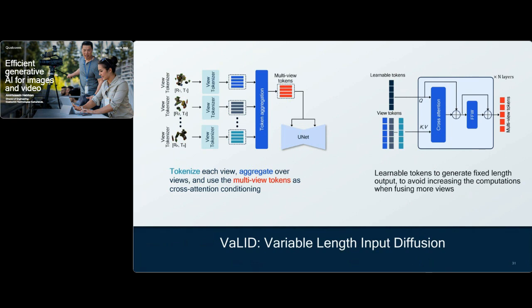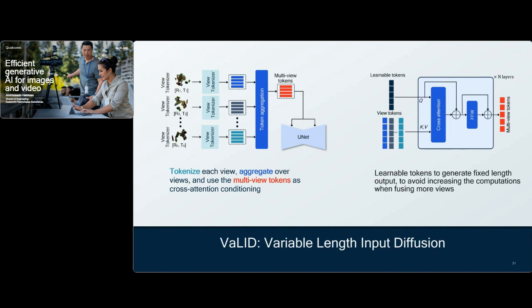In this case, we use a masked autoencoder, which actually works better than the original CLIP encoder used in the literature. We combine these visual tokens with the camera pose information, and then we pass all these tokenized views into a multi-layer Q-Former architecture, which you can see on the right side.